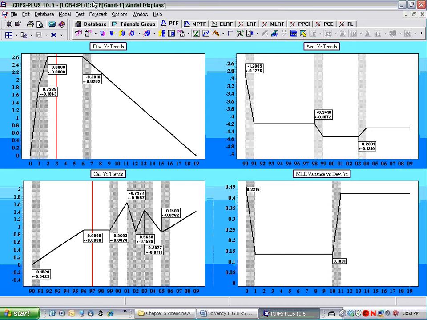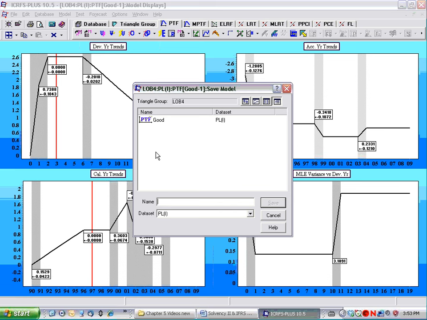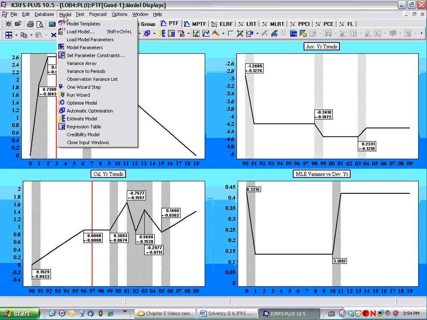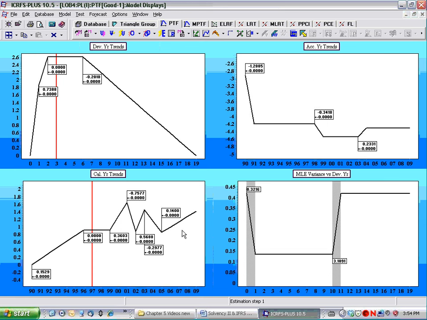And now let me save the model parameters. Let's call it good. Let's now load model parameters. You notice that all the standard deviations, all the uncertainties of volatilities in the parameters are set to 0.